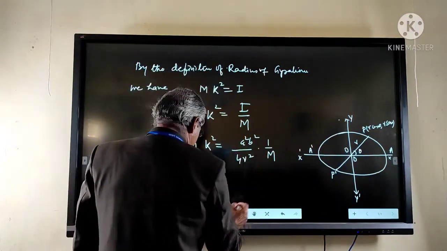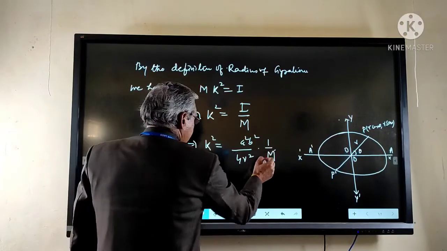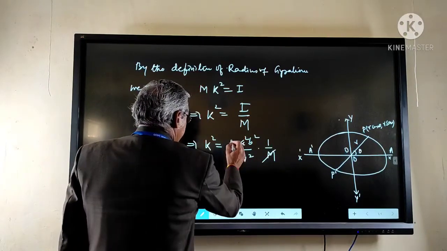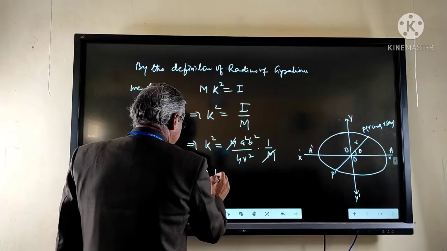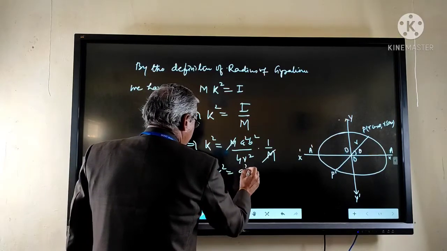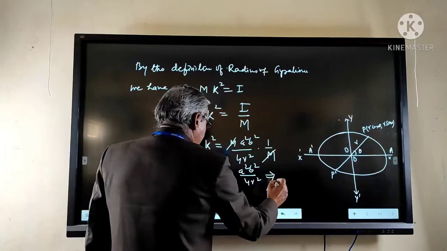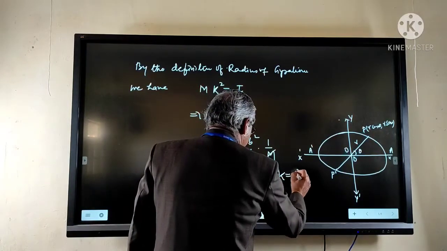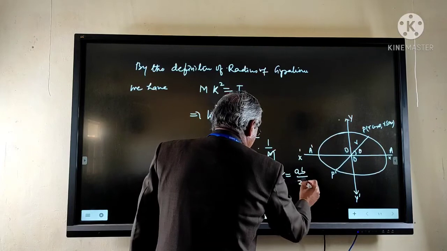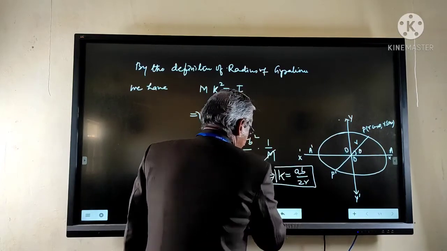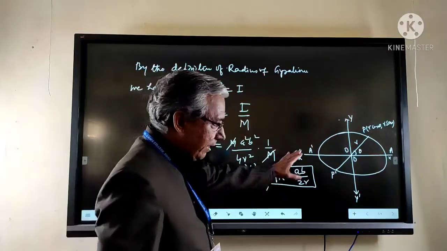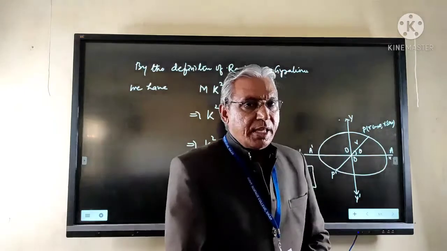M is cancelled out. Finally, k square equals a square b square upon 4r square, and the required radius of gyration is ab upon 2r.